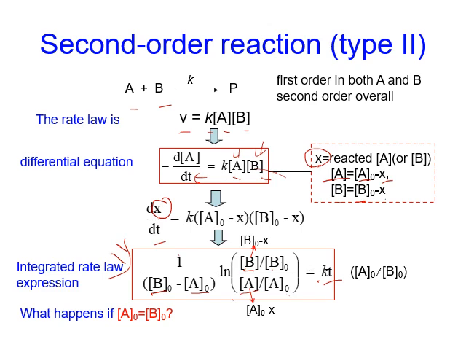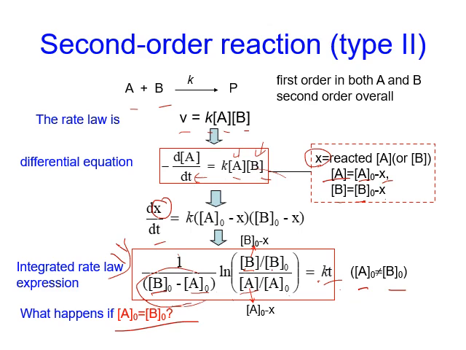This equation is valid when the initial concentrations of A and B are different, because if they are the same, then this becomes 0, and 1 divided by 0 is infinity. So what if initially you add the same amount of A and B? You cannot use this equation.